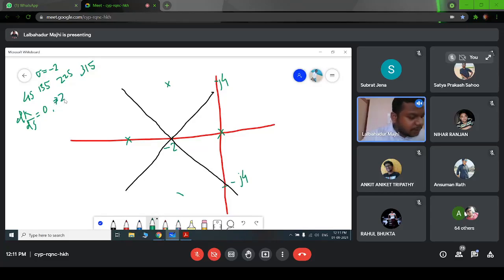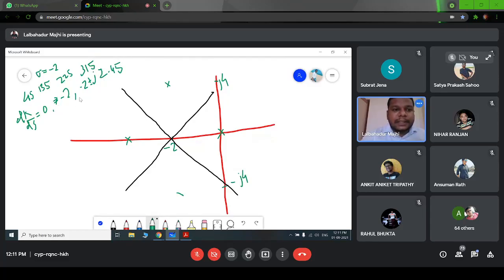From this solution, one is minus 2 and the other two are minus 2 plus minus j2.45. So we are getting these three breakaway points.